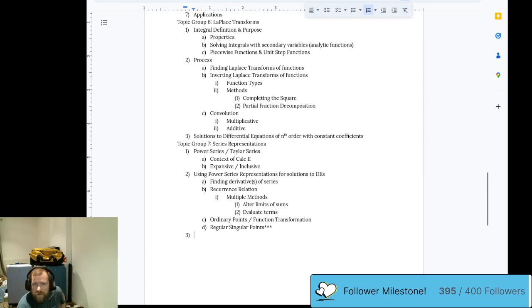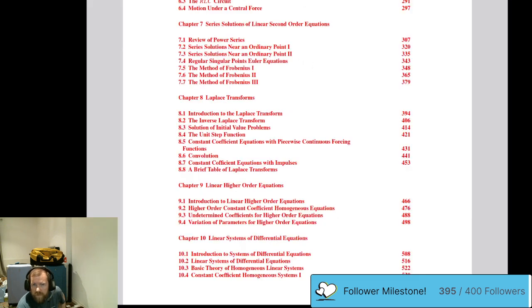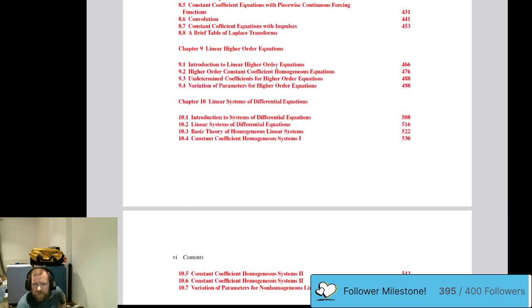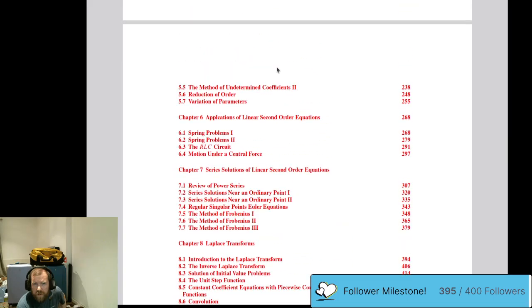So this goes into Laplace transforms, series representations. These have ordinary points. Again, I think I want to touch on singular, but just barely. Oh, and then we want to do linearization. That was another one that we did.